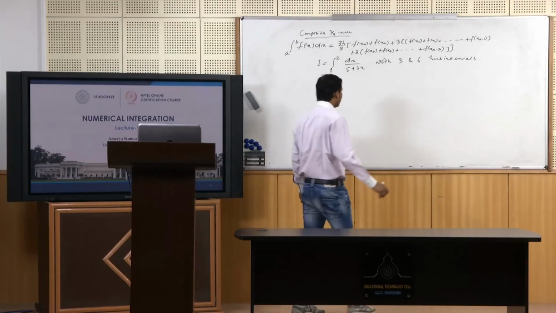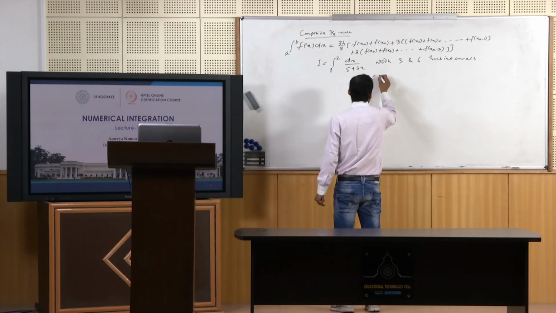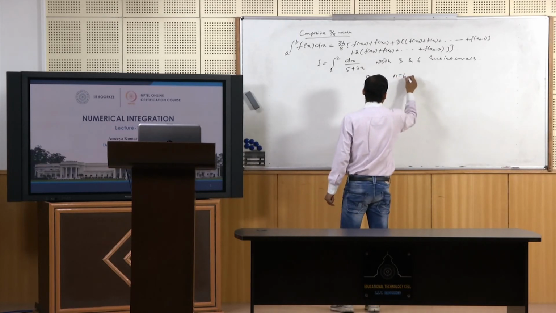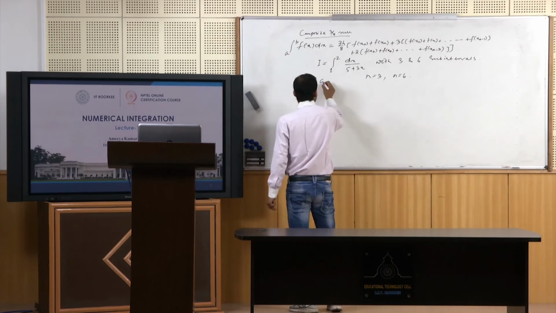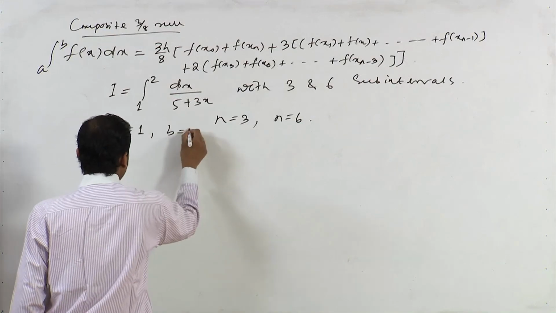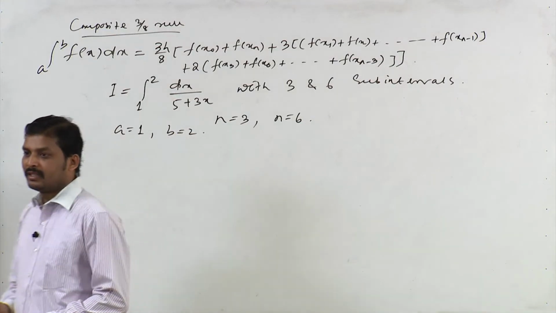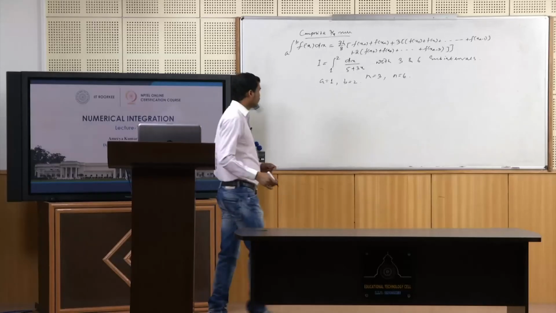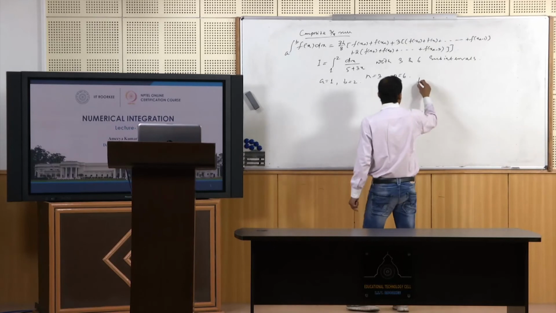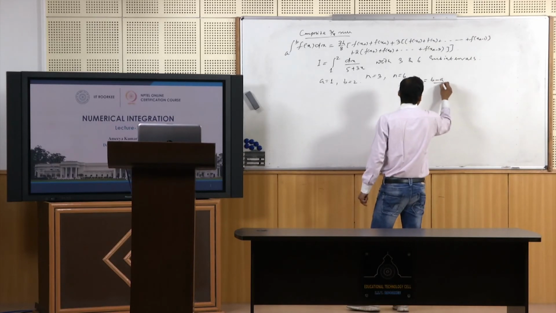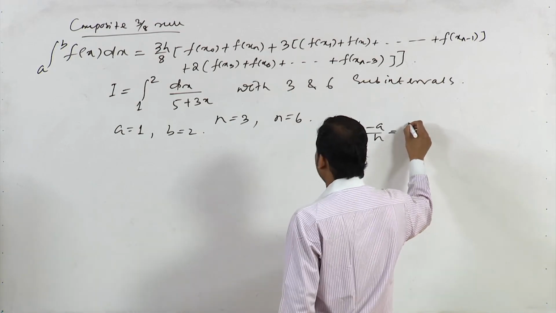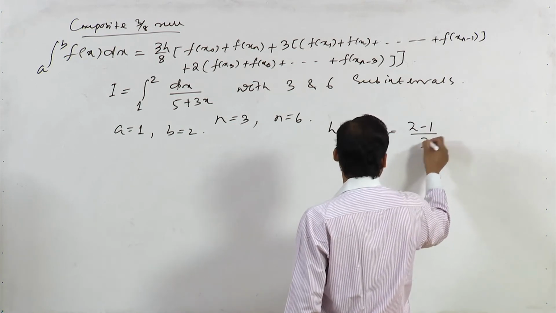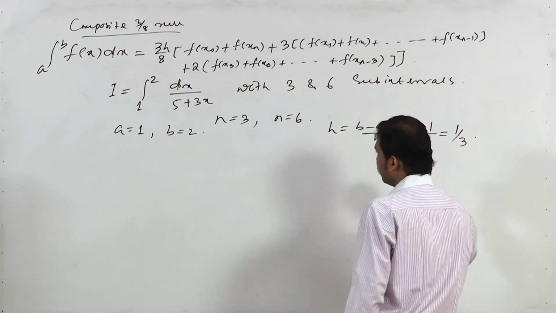So, here we consider n equals 3 first, then n equals 6. So a equals 1, b equals 2, then h can be written as b minus a by n, that is 2 minus 1 by 3, so 1 by 3.